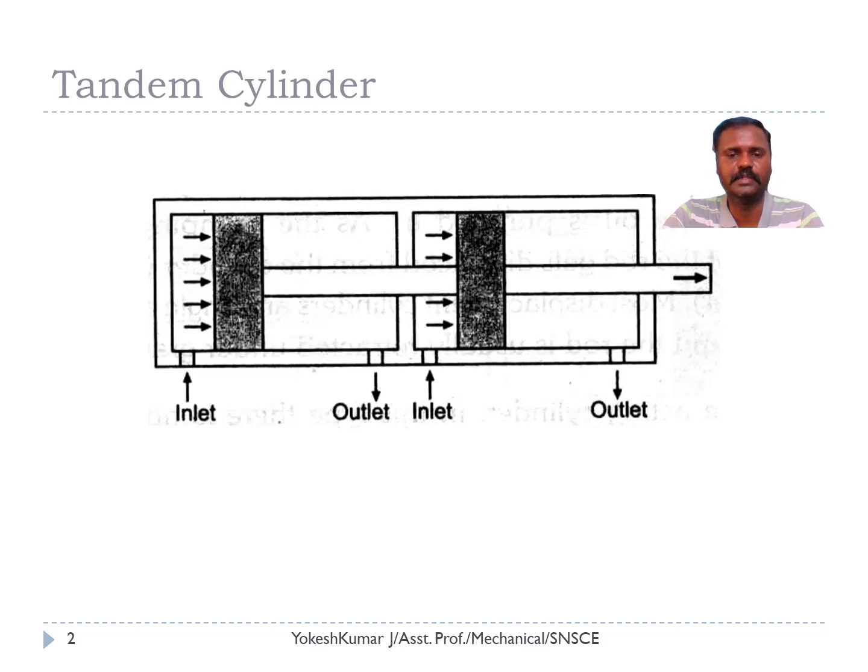The oil from the blank end will be collected in the reservoir via the direction control valve. So this is the constructional feature and the operation of the cylinder. Whenever you want high force, that can be accomplished with the help of this cylinder.